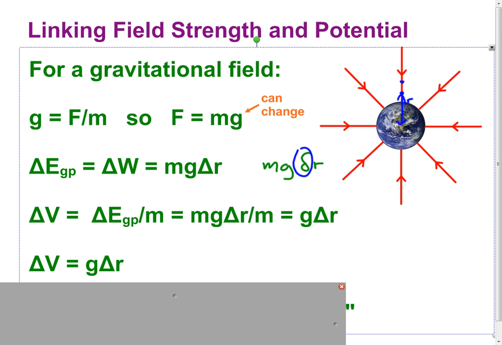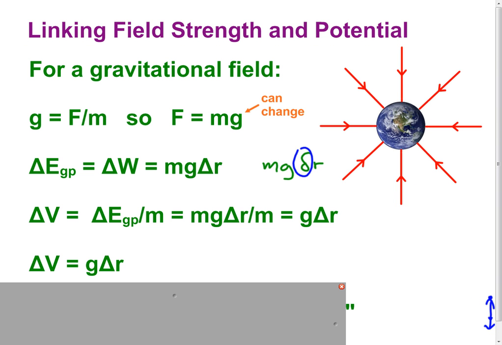Now we can already start to think about something interesting just by pausing here. I'll get rid of this stuff. Now, if we, for example, defined ground level as 0 potential, if we go up a big delta r, the potential is going to increase, let's say, to 10 joules per kilogram.